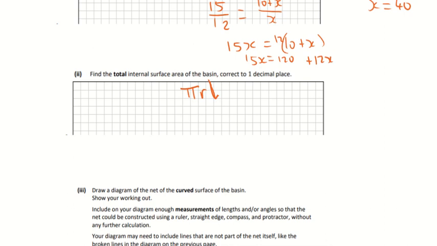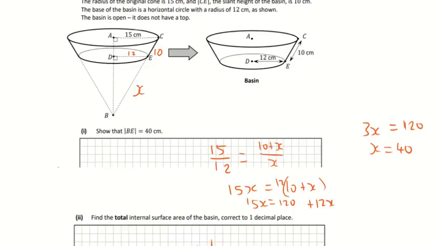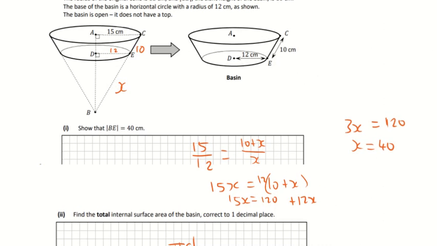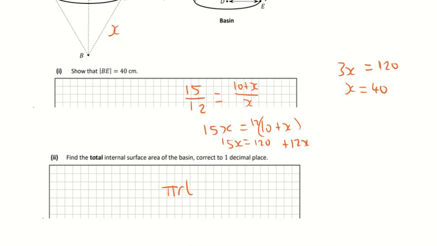So we're going to be using that. Now the problem here is it's not just an ordinary cone, so it's only going to be the bottom bit. So what we're going to do is take the curved surface area of the whole cone, and then subtract the bit that's missing, the bit down here. So it's like we're looking at a big cone and a small cone, and then we're subtracting them.